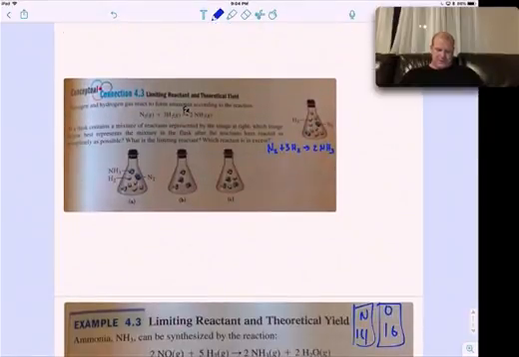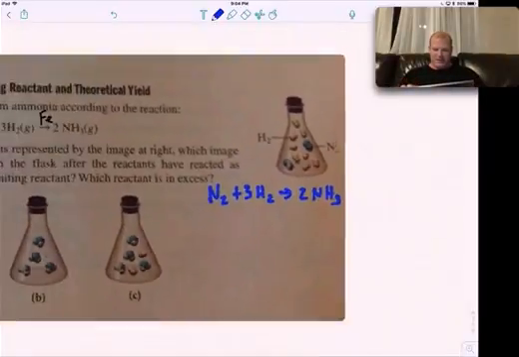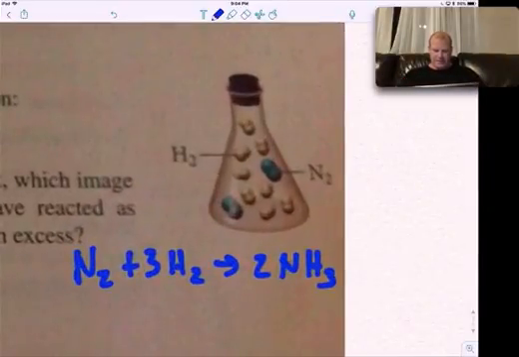So let's look at some pictures with limiting reagents. The flask contains a mixture shown by the image on the right. After the reactants have reacted, what is the limiting reagent? This is the ammonia synthesis reaction: nitrogen plus 3 hydrogens makes 2 ammonias. So we need a 1:3 ratio.